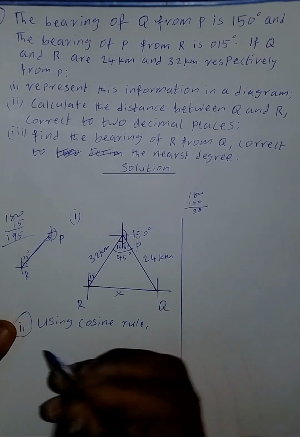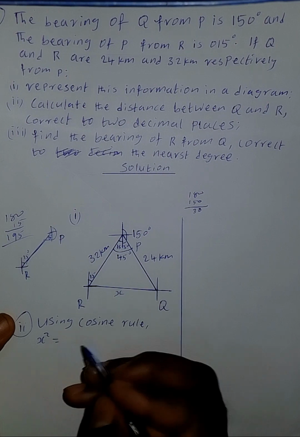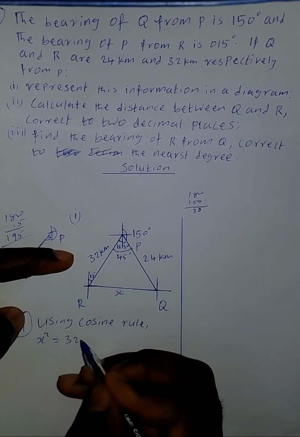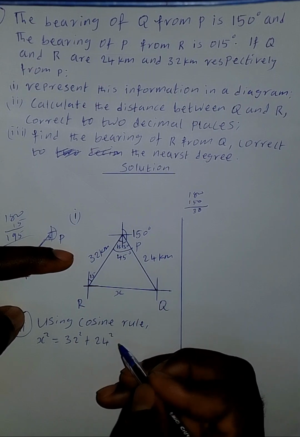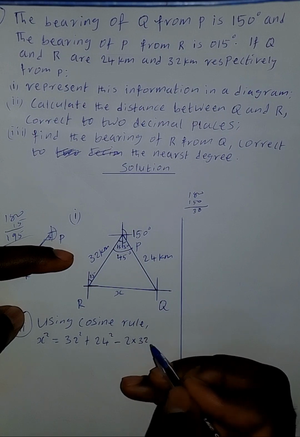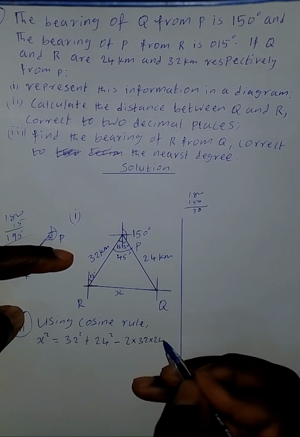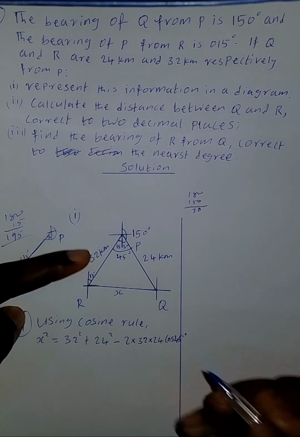it states that x square is equals to 32 square plus 24 square minus 2 times 32 times 24 cos 45 degrees.